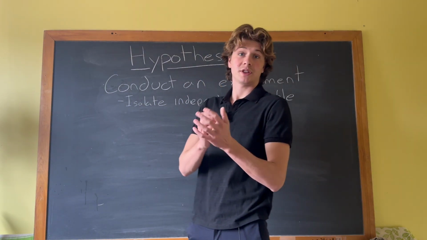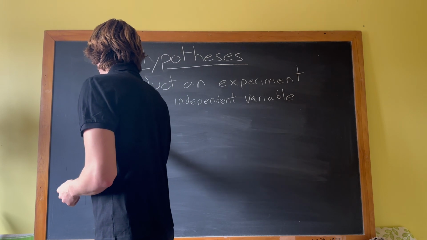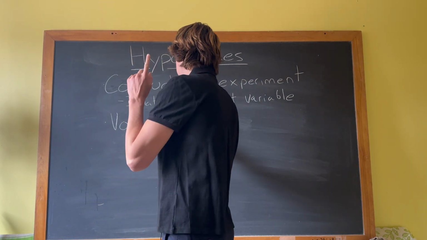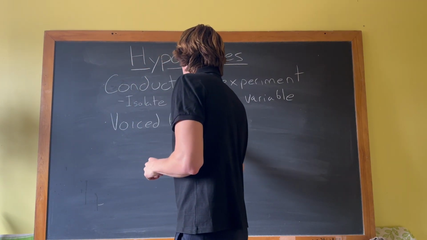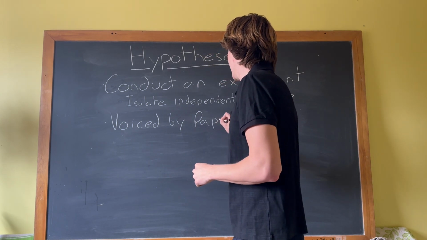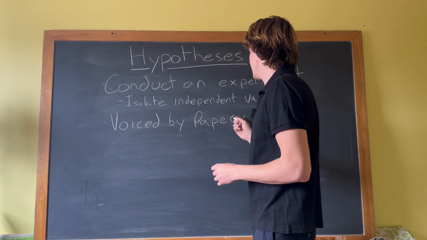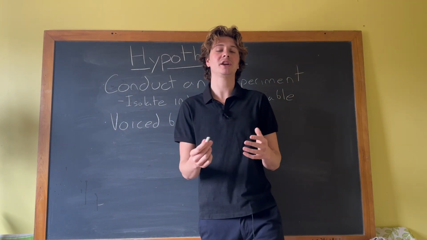So of course, the experiment needs to be iterated by the paper. And we talked about scientific style, which you guys can go up and watch that video right there. Because it's important that the experiment and the hypothesis is iterated properly. It needs to be clear and conveyed, right?